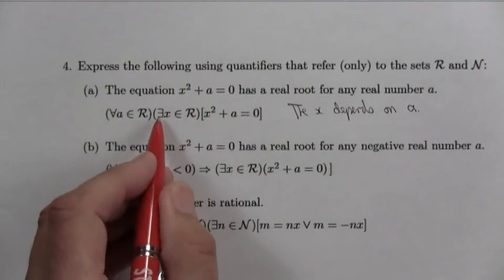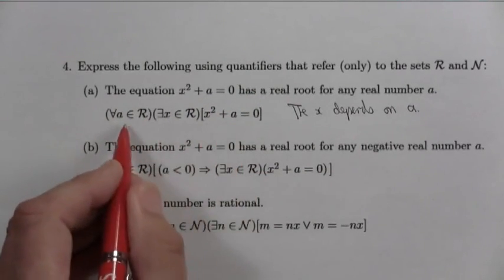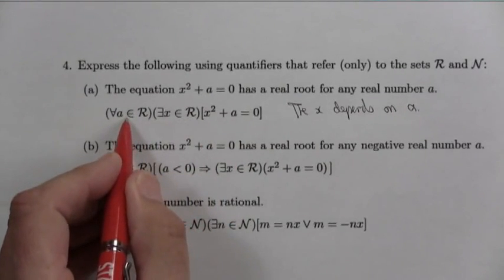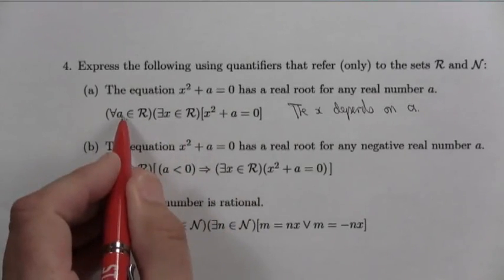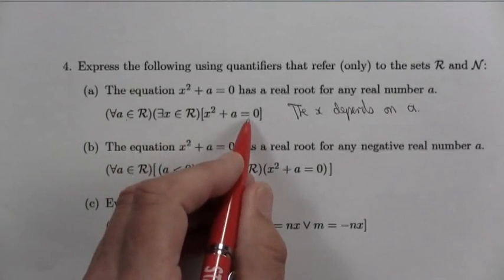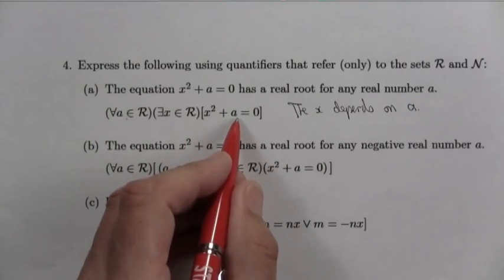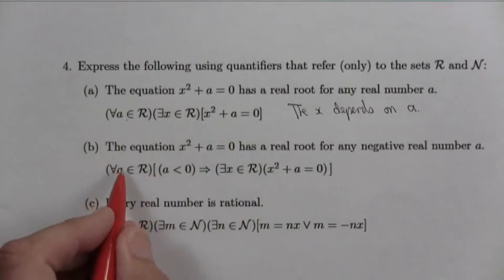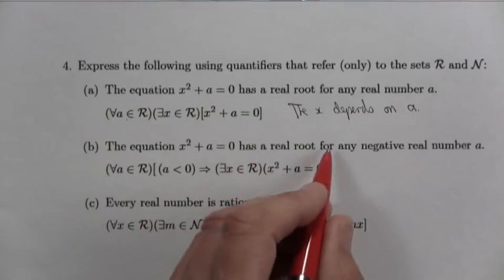And you have to order things left to right so that you get a logical flow, and so there's a dependency. You give me an a, I will find an x dependent on your a, which solves the equation. You give me an equation by giving me a constant a, and I will then find a solution to the equation.